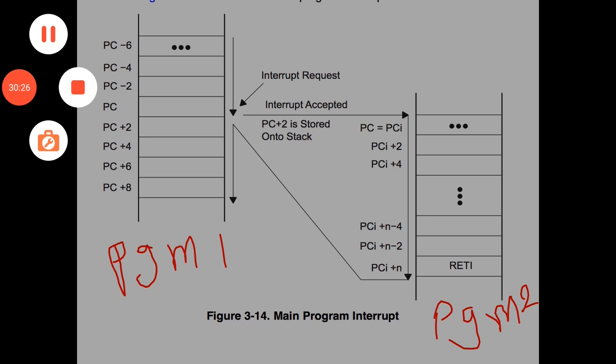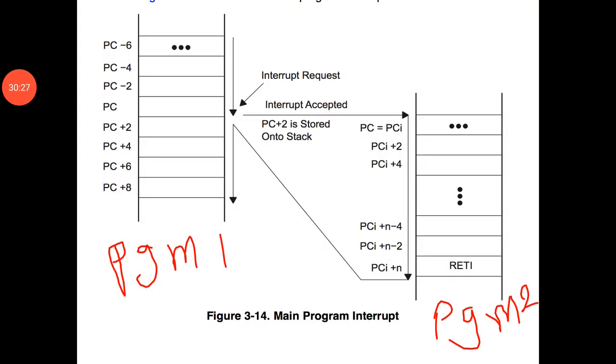Here program 1 will be called the interrupted program, since it is going to be interrupted by program 2, and program 2 will be called the interrupt service routine.